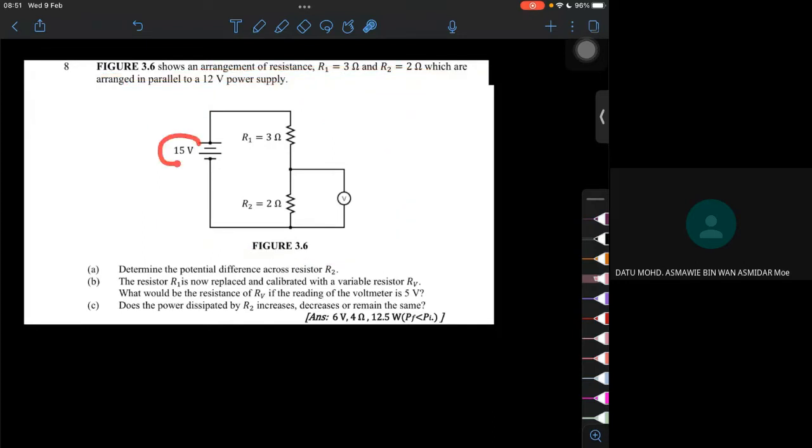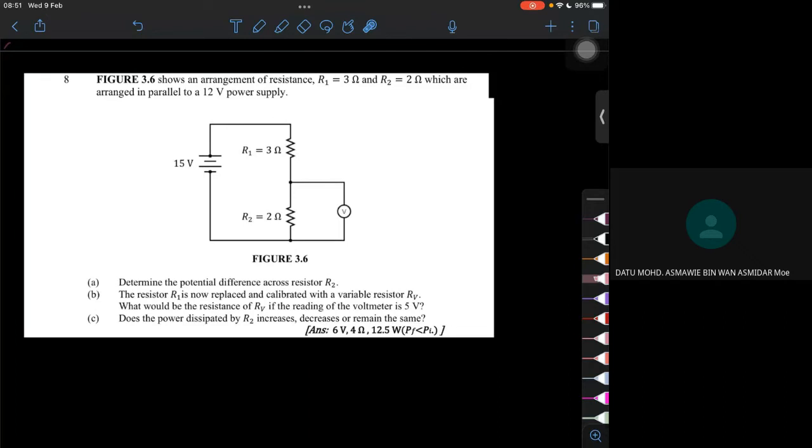So here we have 15 volt connected in series with resistance 1, resistance 2. Now we want to find what is the potential difference across R2, which is here. Because here we connect to a voltmeter, so kita boleh tahulah apa reading the voltmeter here.